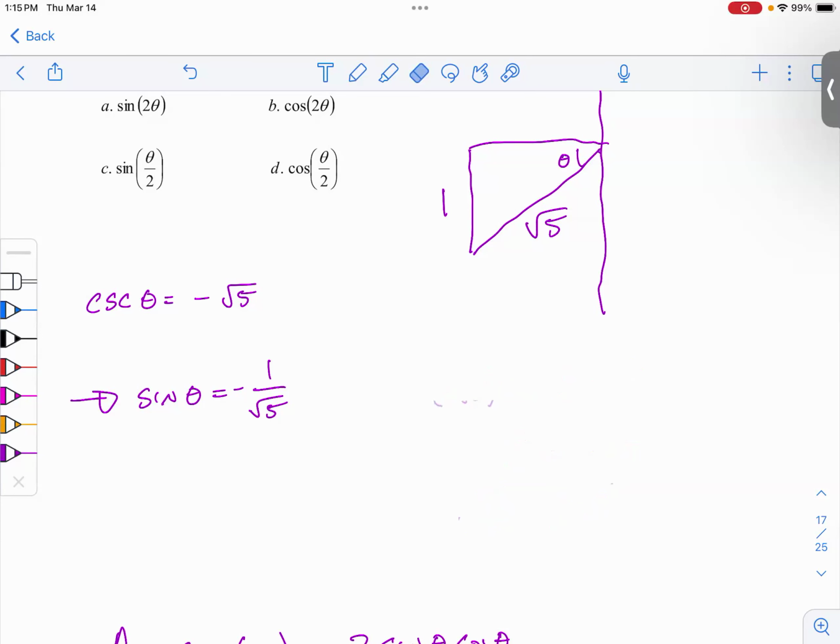My goodness, I apologize. I was like, wait, that's going to be -2 over 1, which doesn't work because of the numbers.